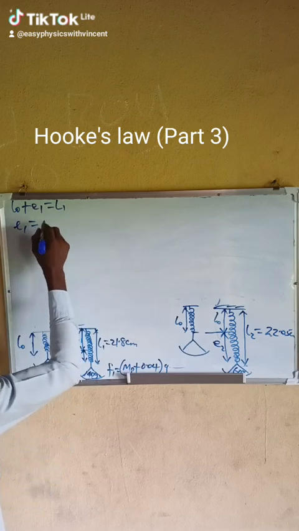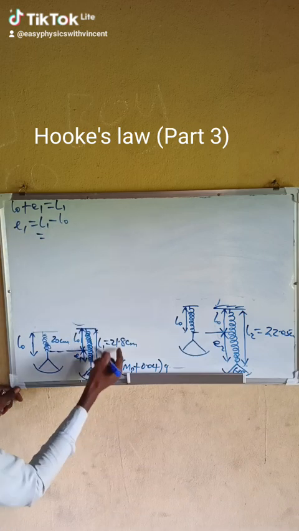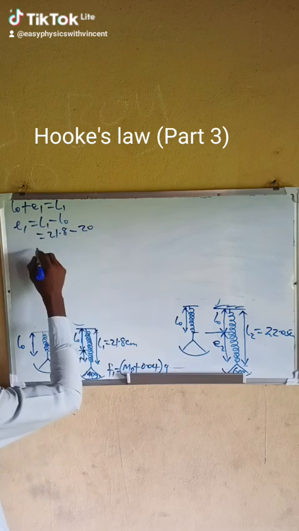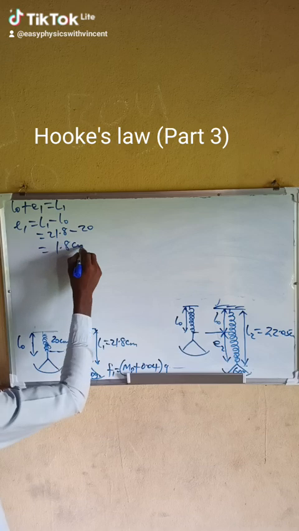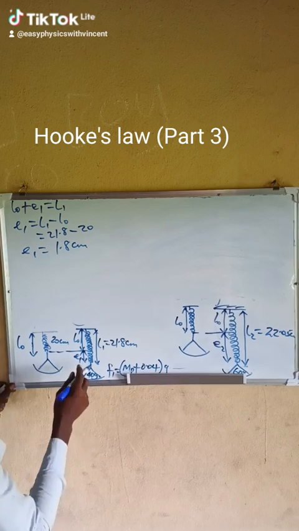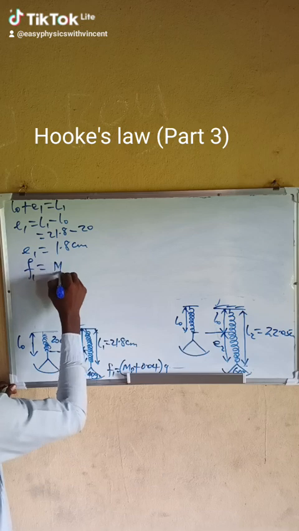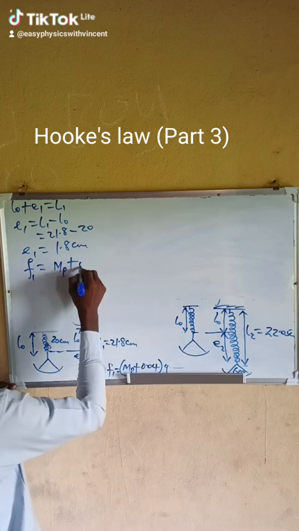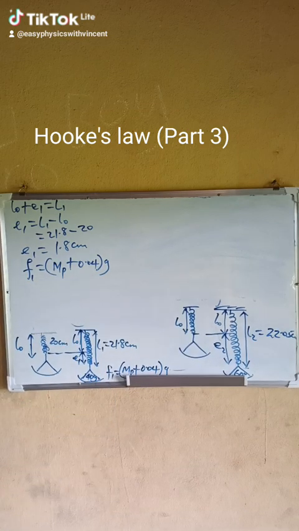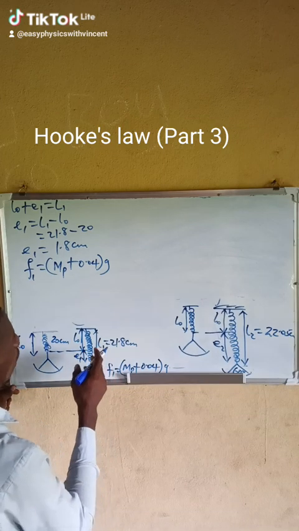So E1 will give me L1 minus L naught, which is 21.8 minus 20, and that will give me 1.8 cm. That is my E1. Then my F1 is mass of the scale pan plus 0.04 all into g, where g is acceleration due to gravity.